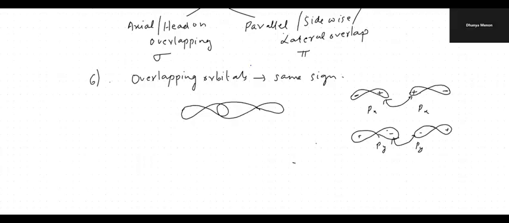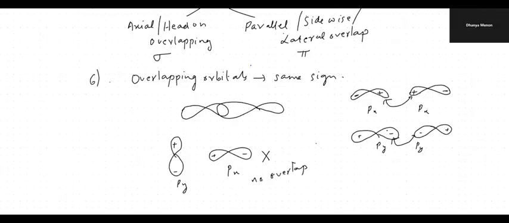The orientation is the same, so they can overlap. But in case the orientation is something like this, suppose this is py and suppose this is px, because the orientation is not proper for overlapping, the overlapping will not take place.